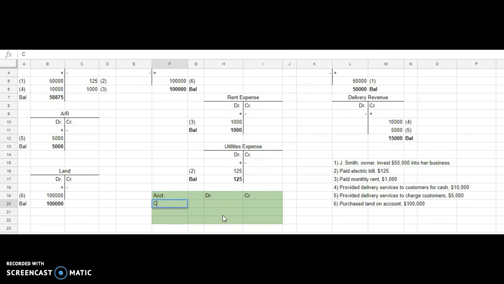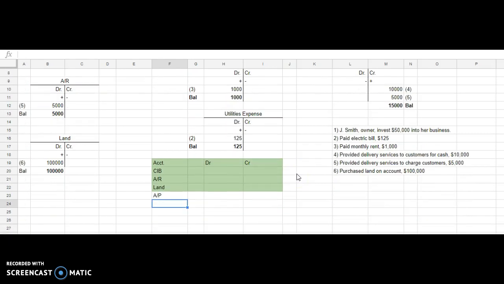Okay, so we'll start with CIB, cash and bank, accounts receivable, land, and then I gotta keep going. Accounts payable, and who was this? J. Smith Capital.